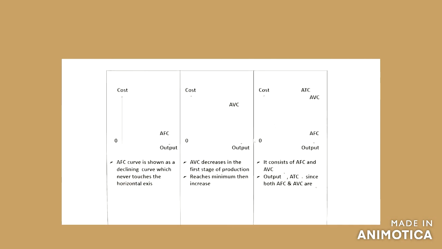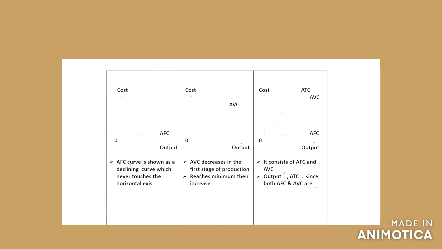So next we move to the graph. As I say, this is the average fixed cost graph, the average variable cost graph, and this is the combination, the average total cost.